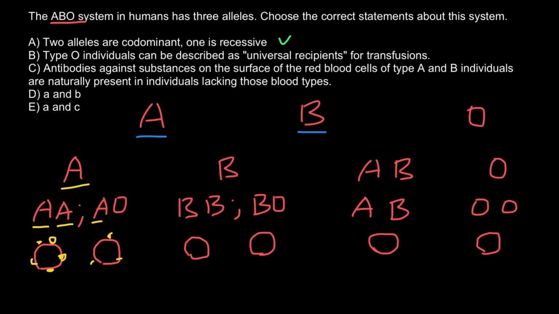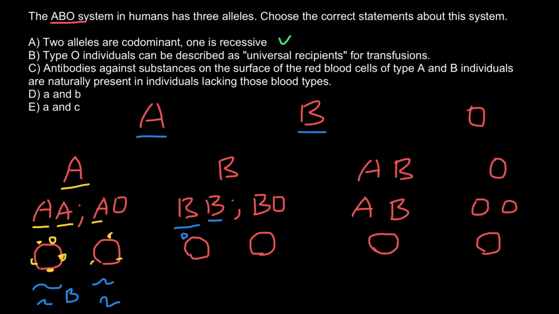But in the serum, so this represents serum, what kind of antibodies can we find? We are going to find here antibodies B. Now let's take a look what's happening in the blood group B on the surface of the red blood cells.